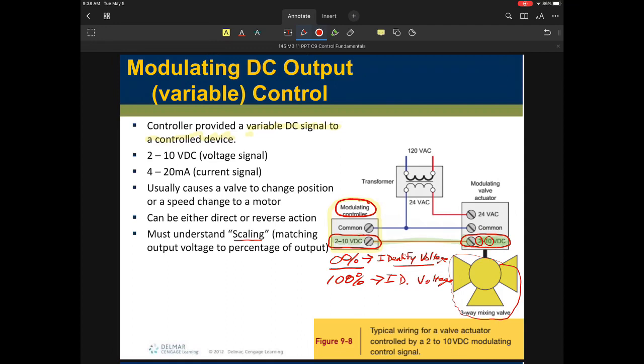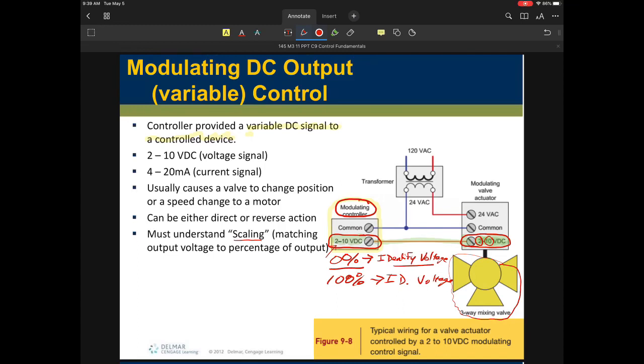So I've had some controllers where they operated over a 5 to 10 volt signal, and I had a 2 to 10 volt type of signal coming out of the controller. I've even had some that were 0 to 10 volt output with a 5 to 10 volt actuator. Now, rarely do we ever see controllers that give you 0 to 10 volts output, simply because of some of the noise that could induce a voltage on a wire, so even though your controller thinks it's giving you 0 volts, it might actually be giving you 1 or 2 volts.